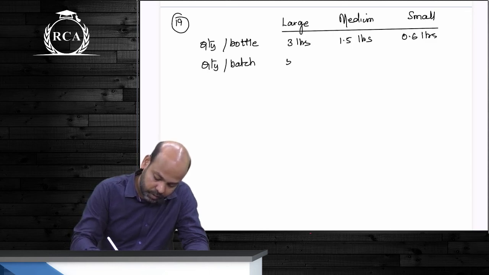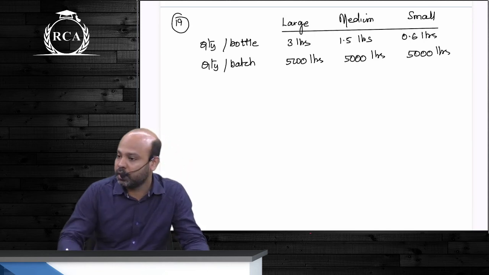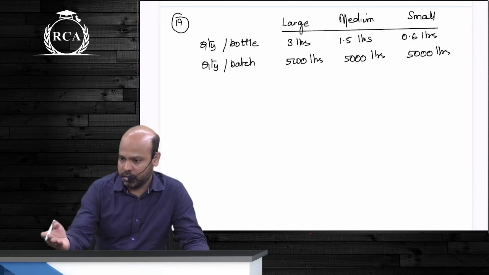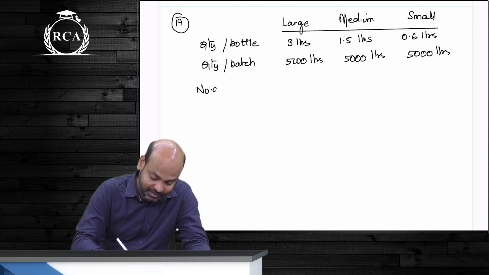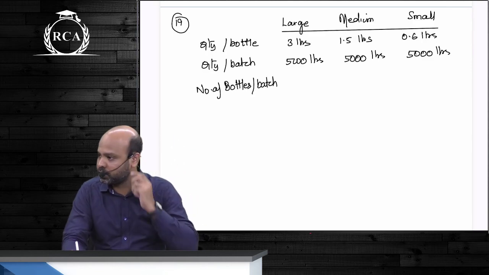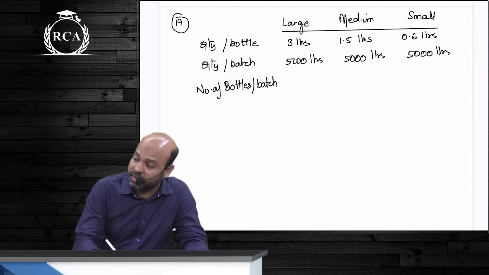Doesn't matter which product, we have a capacity of only 5,000 liters. What do you think will be the number of bottles per batch? 5,000 divided by 3, beta.